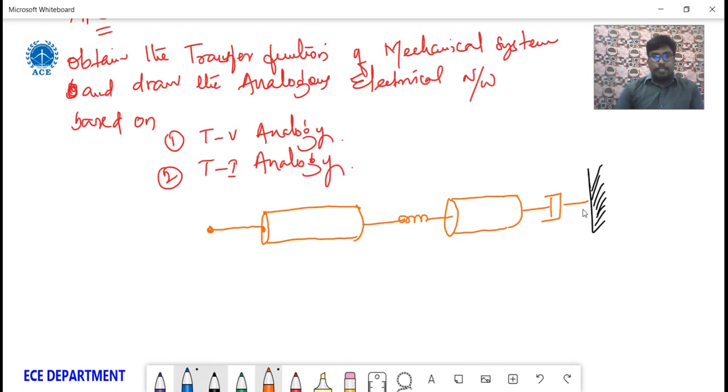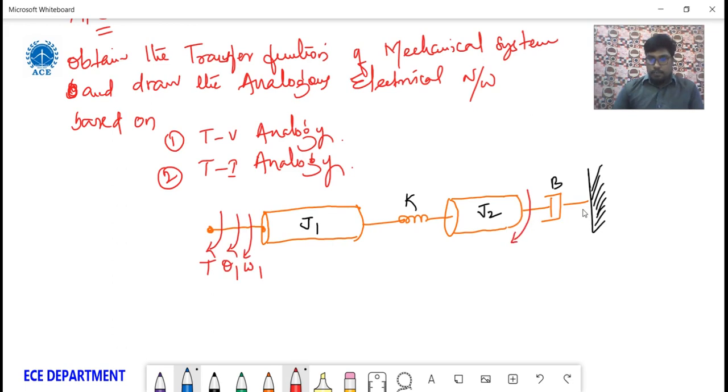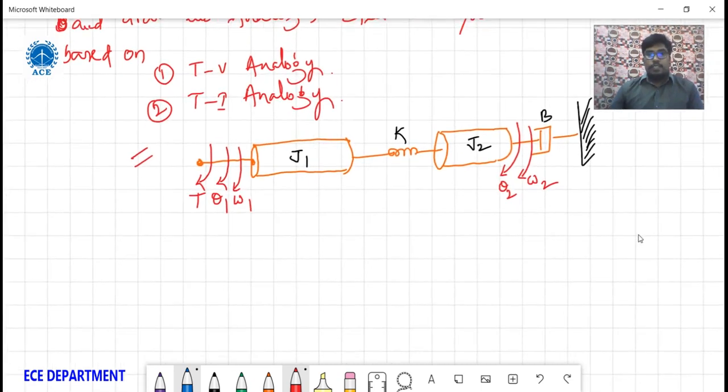So this is J1, J2, and here is K, and this one is B. Now here is the externally applied torque. With the same direction we have displacement theta1 and velocity omega1, and in this case we have displacement theta2 and velocity omega2. So this is the given question, right? Let us find the solution for this one.